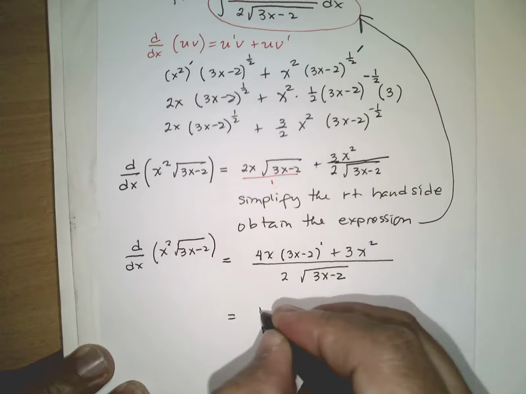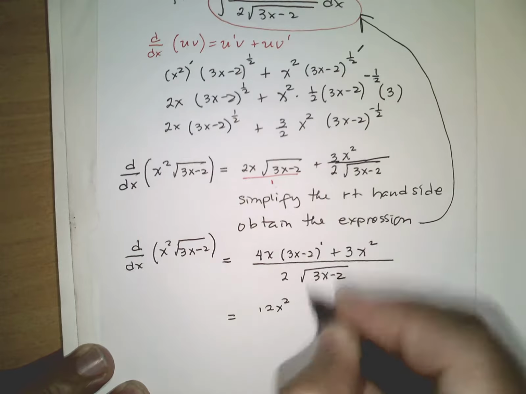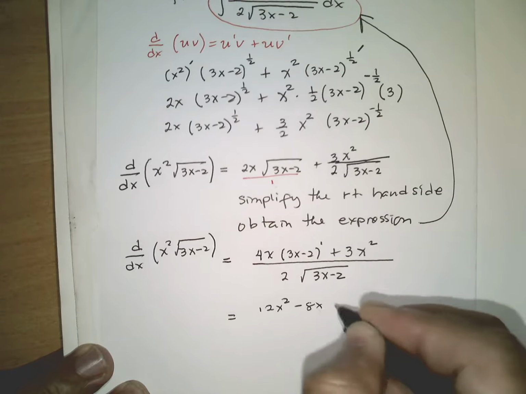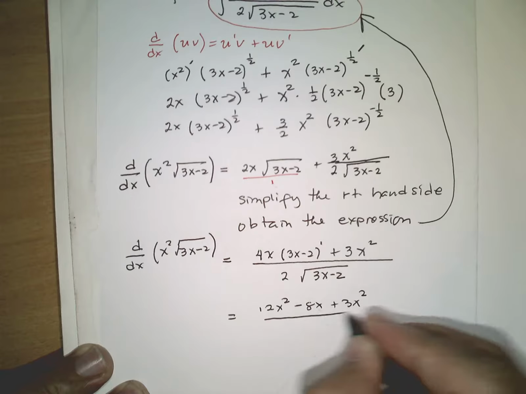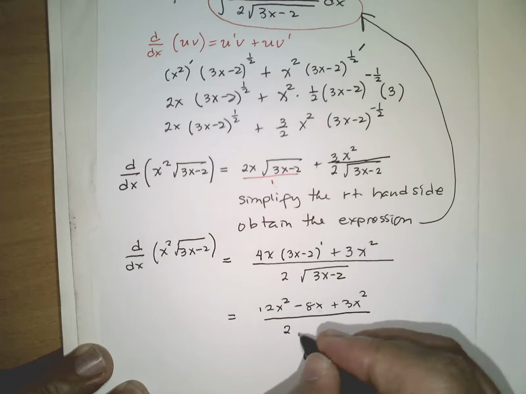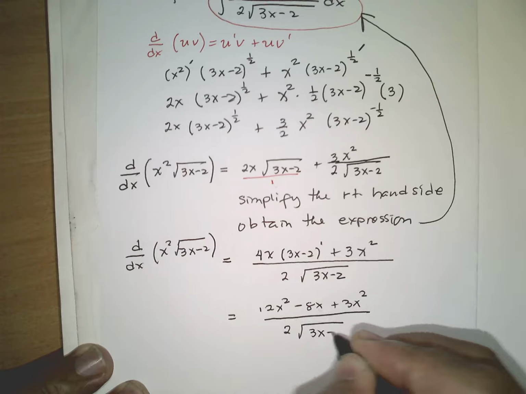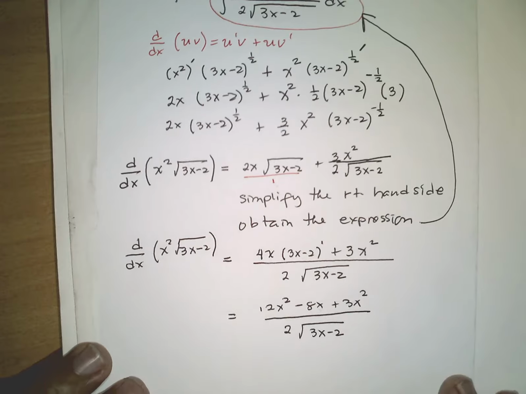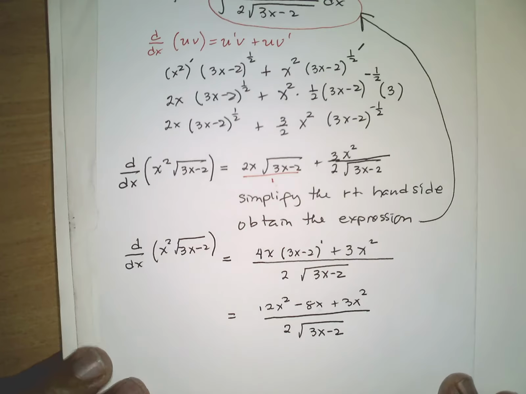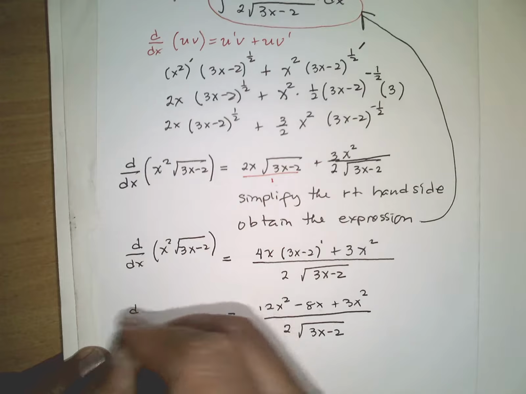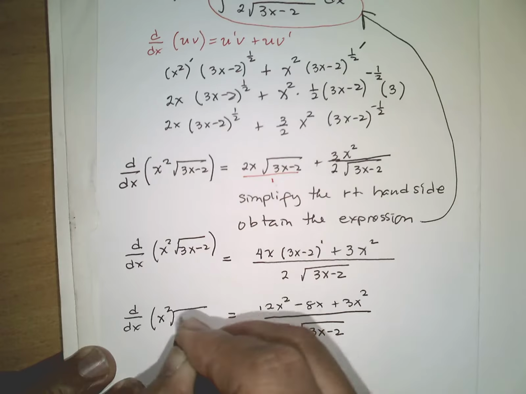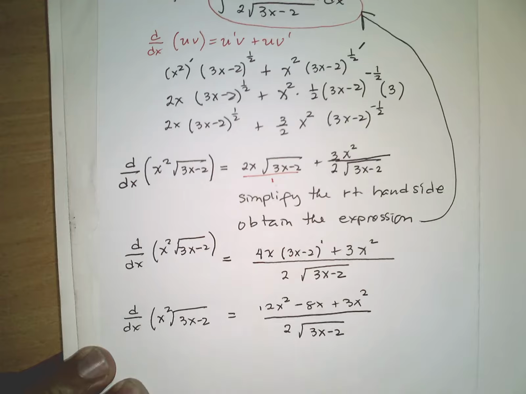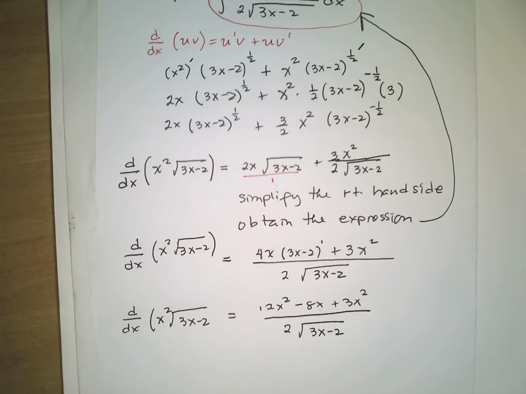So this is going to be 12x squared minus 8x plus 3x squared, all over 2 square root of 3x − 2. Okay, and that's equal to the derivative of this one, x squared times the square root of 3x − 2. So we're almost there.